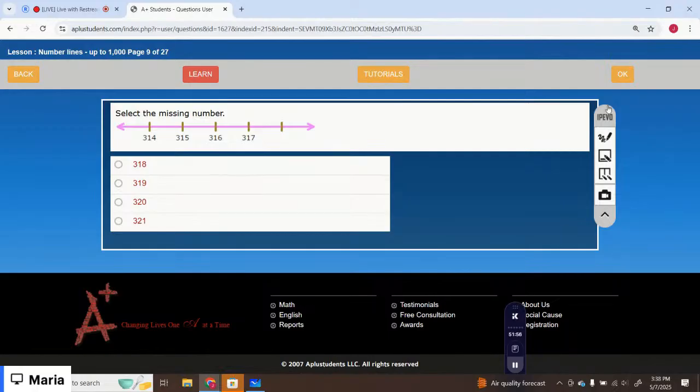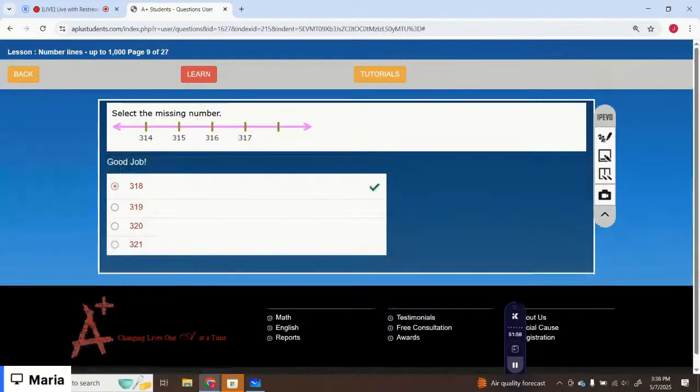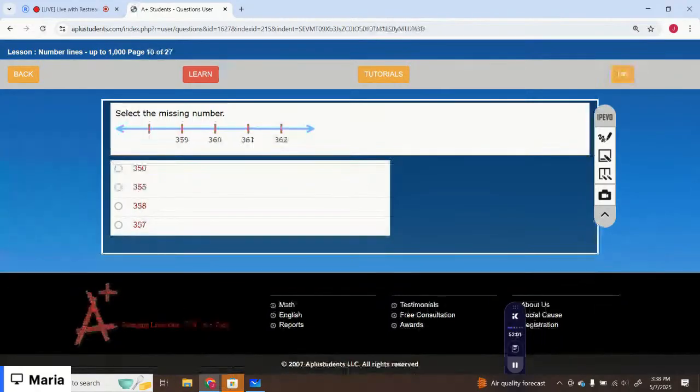That is 318. Option number one is the correct option. Select the missing number. That is 358. Option number three is the correct option.